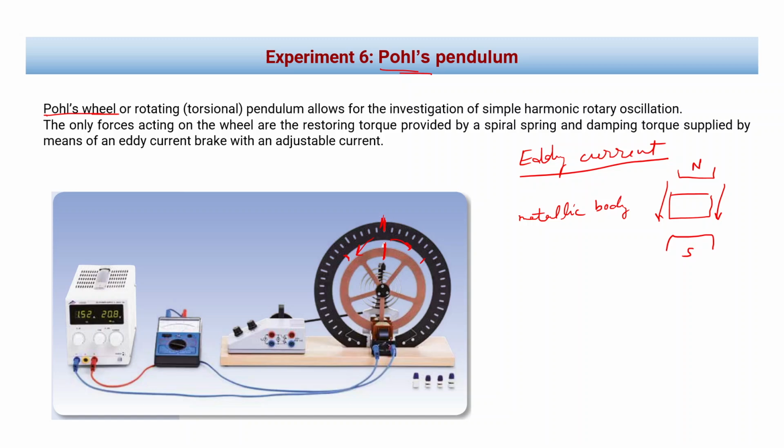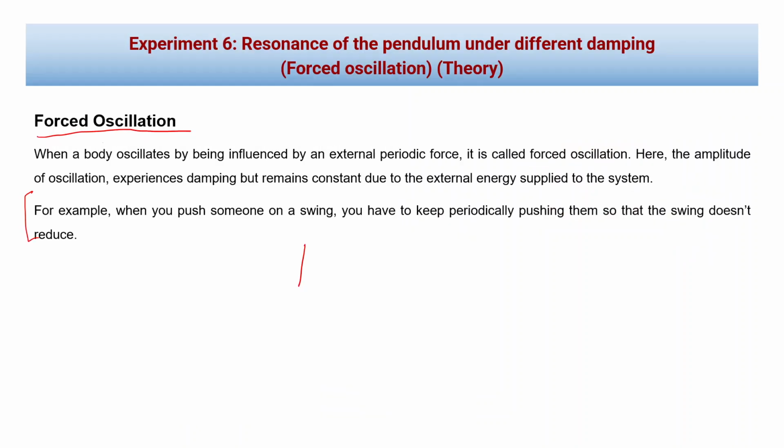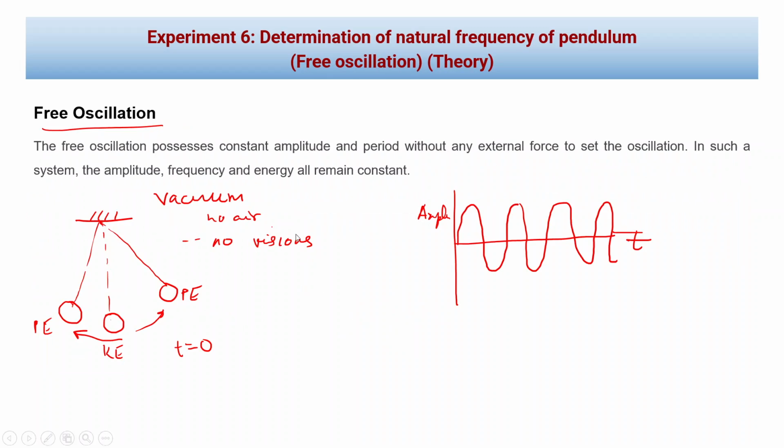Now I will give you quick expressions. We just understood the theory; now to write the mathematical expression for these oscillations, the equation of motion for a freely oscillating body, if x is the displacement, will be d2x by dt square plus omega naught square x equals 0.